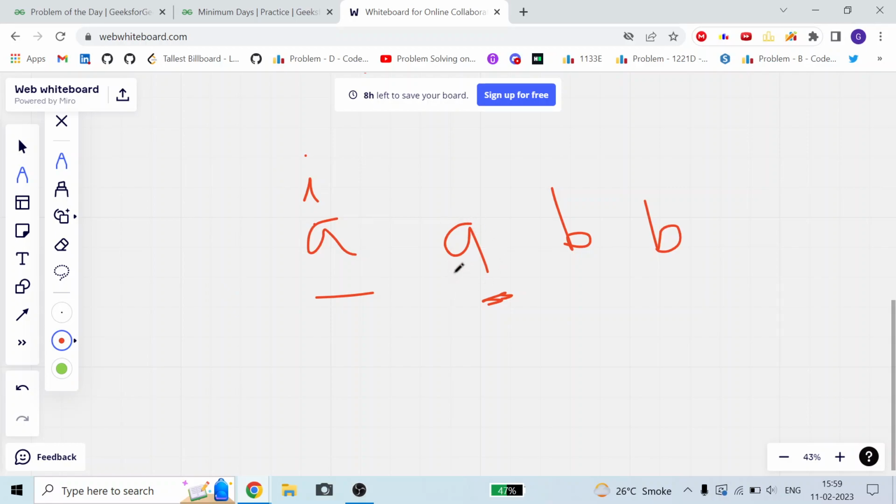Or what I can say, two adjacent characters cannot be the same in my string. So I need to change either this one to question mark, or that one to question mark.